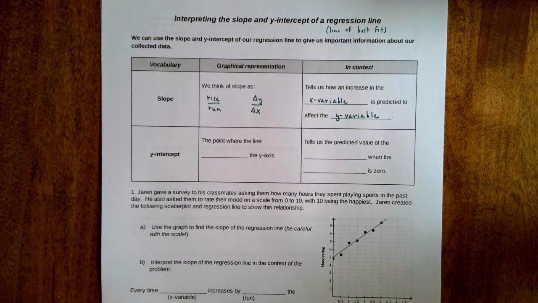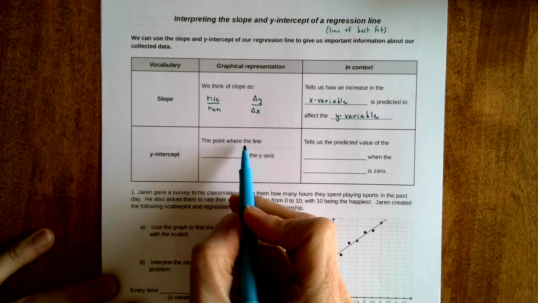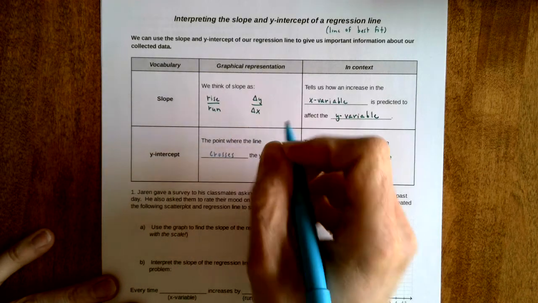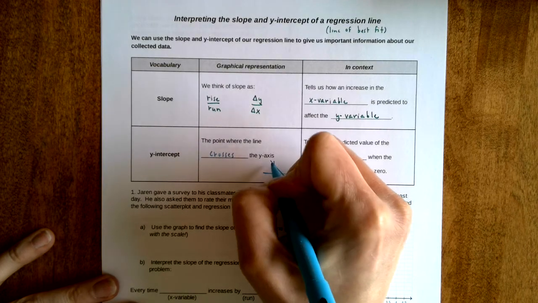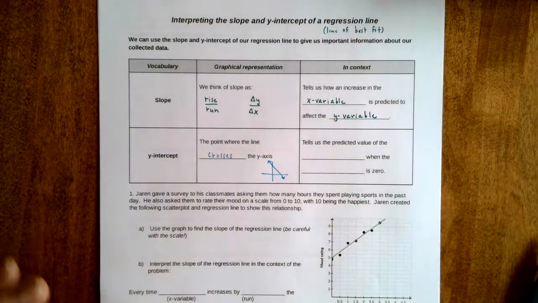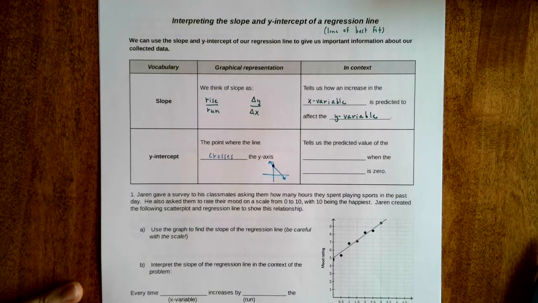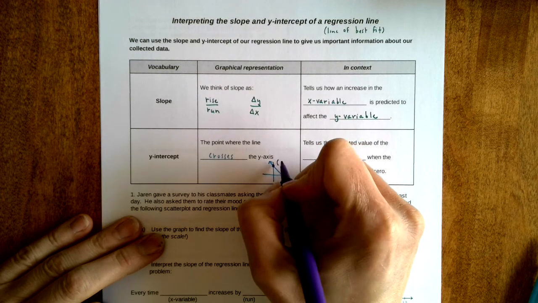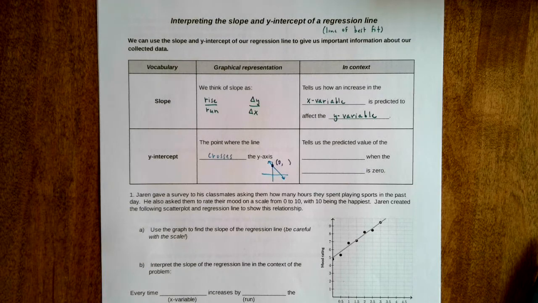Now, the other thing you're going to have to be able to interpret is the y-intercept, and that's the point where the line crosses the y-axis. So in other words, if this were my x and y axis and this were my line, this point that I'm going to draw in purple here would be our y-intercept. Now, the y-intercept always has an x-coordinate of 0, and that's going to be important in a minute.